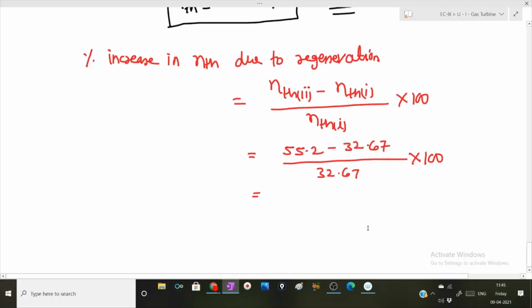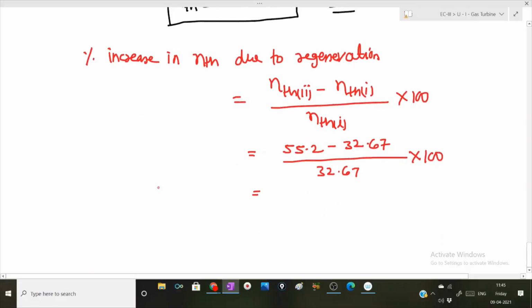Can someone give me this figure, the percentage increase? Otherwise, I have to calculate this: 55.2 minus 32.67. Correct. Yes. So the percentage increase in the thermal efficiency due to regeneration is 68.96%, which is quite significant.